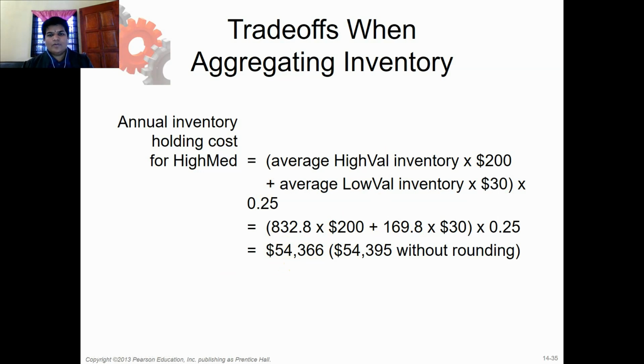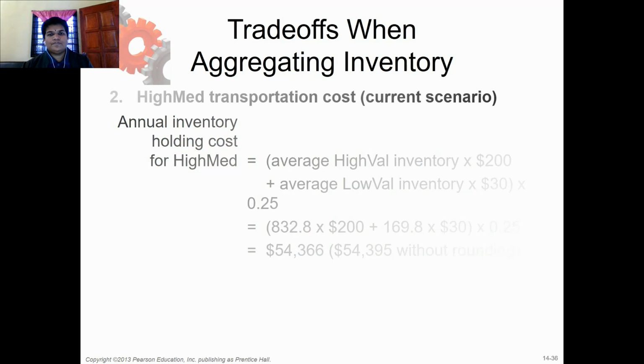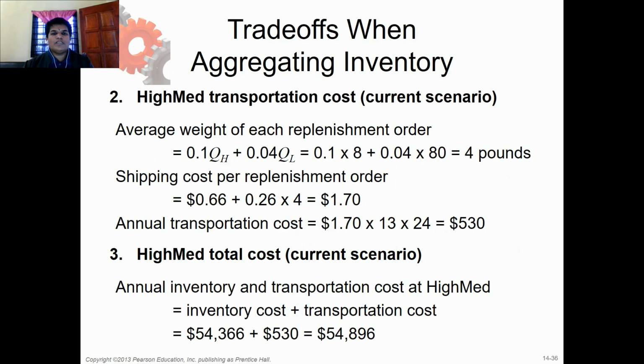Okay, so we round it; without rounding, we can put it as 54,395 US dollars. So the average weight for each replenishment order: plug in all the values, then here we get 4 pounds. Shipment cost per replenishment order is 0.66 plus 0.26 times 4. You calculate 0.26 times 4 first, then add, so you will get 1 ringgit and 70 cents.